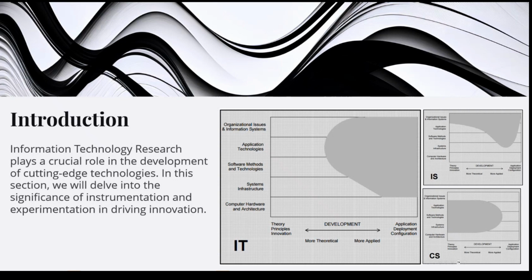It is not covering organizational issues. It is also not covering computer hardware. In general, computer hardware and architecture is covered by the computer engineering discipline. So in today's discussion, we will relate ourselves to information technology.